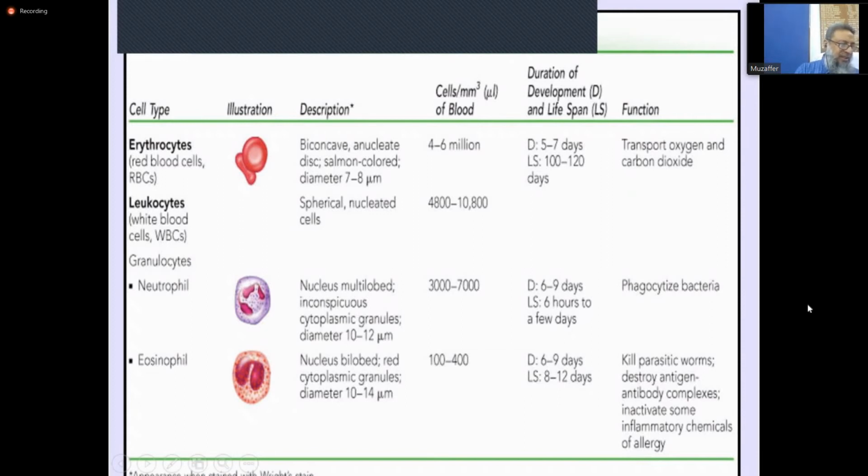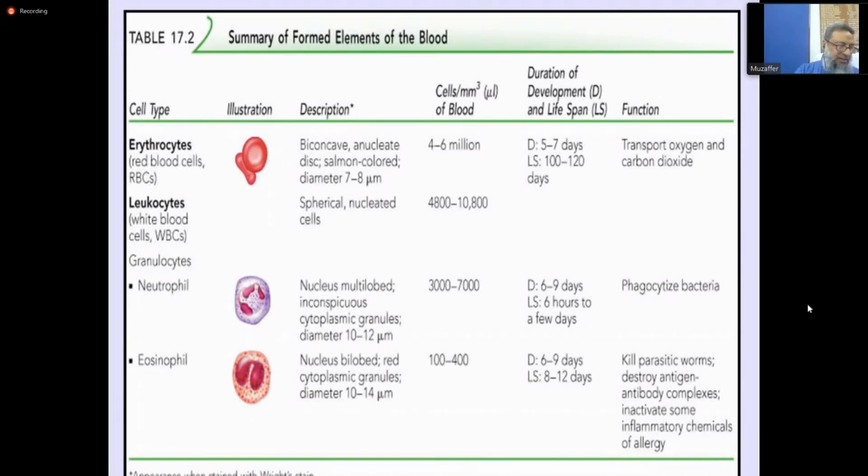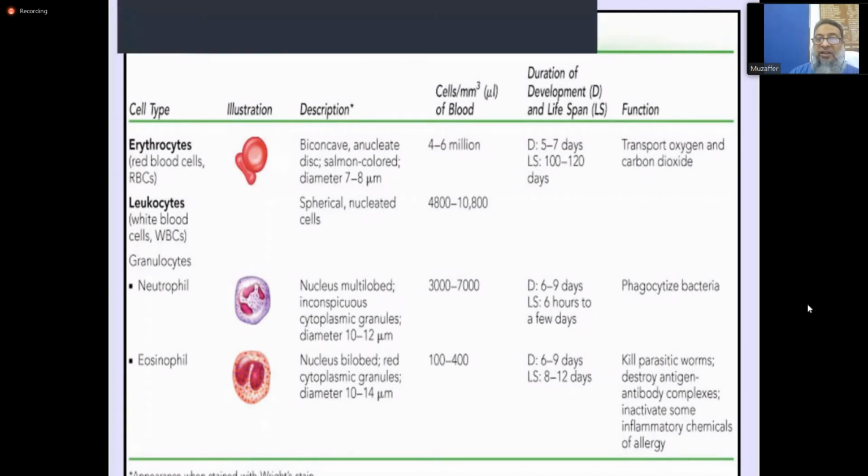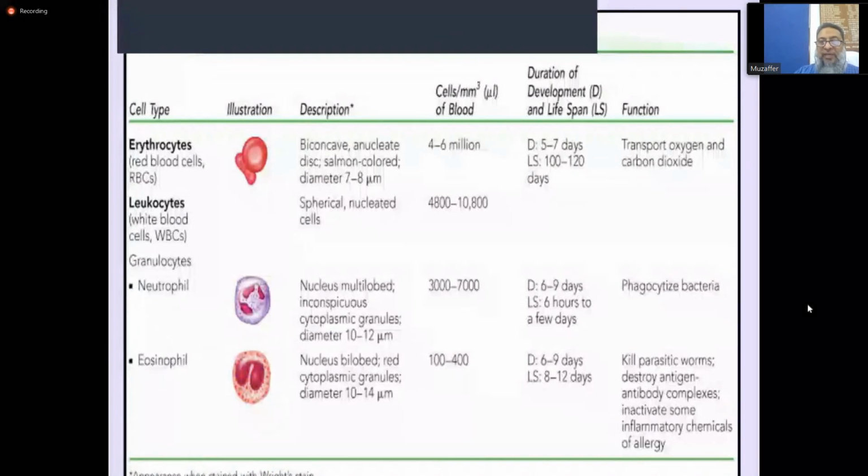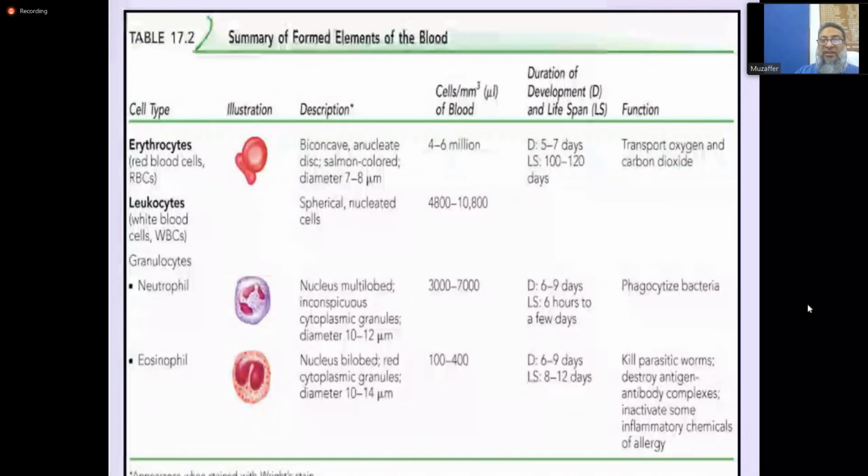In this type of invasion, the person is likely to have an increased amount of these cells, and neutrophils definitely live a longer life period than the other cells.